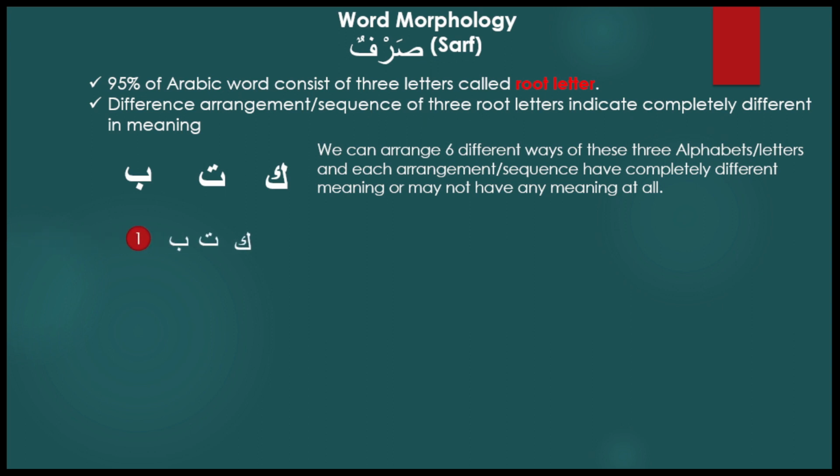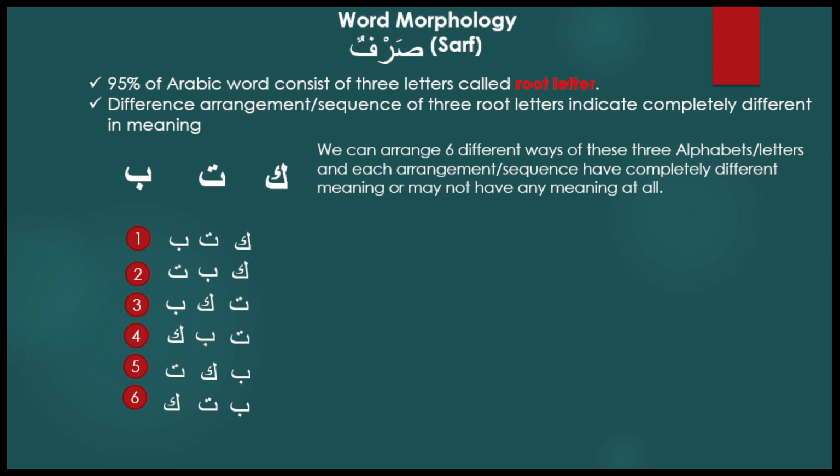See, number 1, it can be arranged like first Kaf, second Ta, third Ba. It also can be arranged like Kaf, Ba and then Ta. It could be Ta, Kaf, Ba, or Ta, Ba, Kaf, or Ba, Kaf, Ta, or Ba, Ta, Kaf. So this is the 6th way that we can arrange these 3 letters.